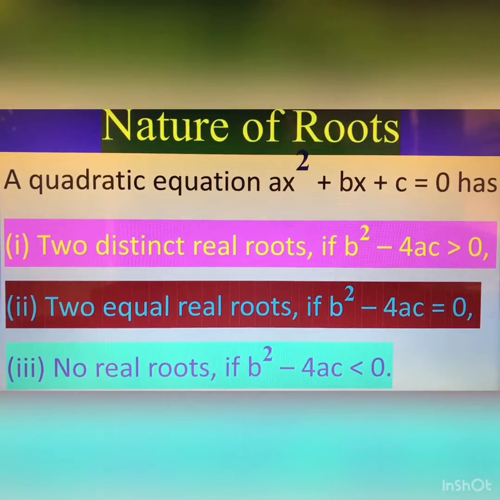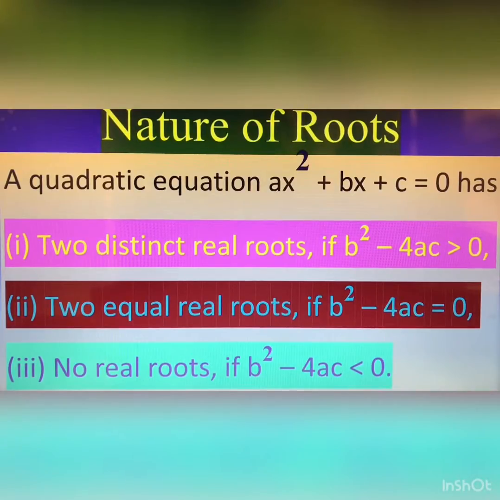And if b square minus 4ac is less than 0, that is a negative value, it means that the quadratic equation has no real roots. It means for real roots we cannot solve it. So the process ends in this case when you get a negative value.